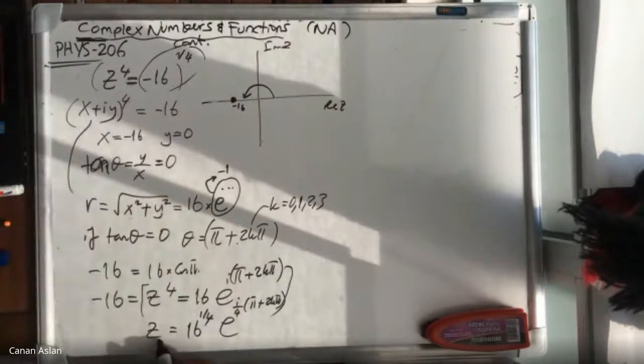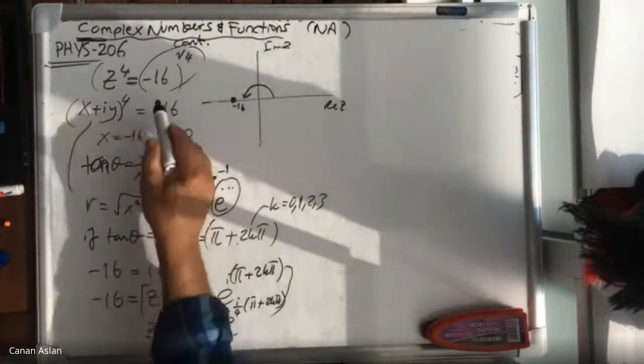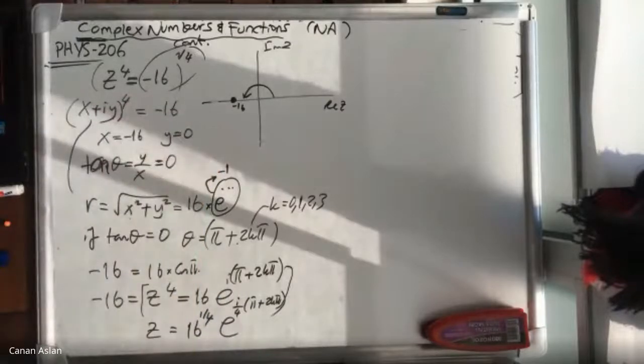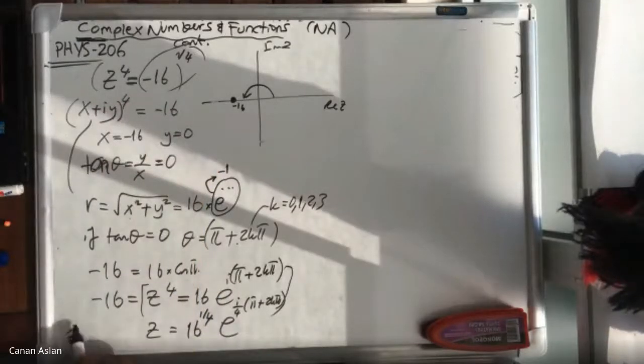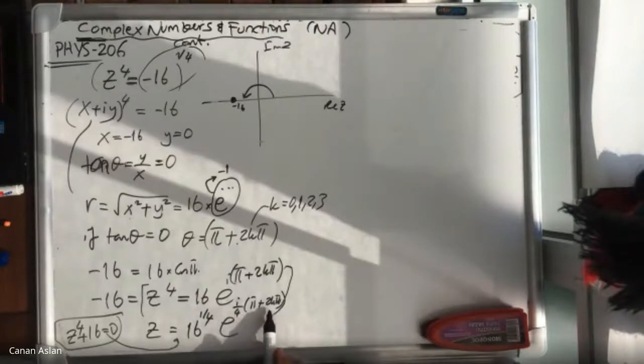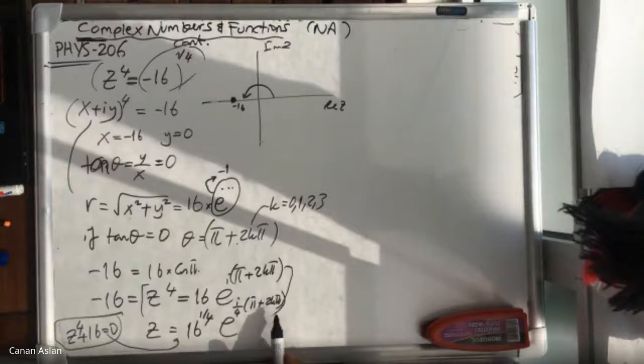So these are the z values which make z to the 4 plus 16 equal to 0. These are the z values that satisfy this equation. So now we have to run k from 0 to 1, 2, 3, and then we will get the result.